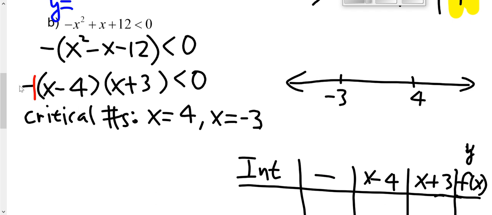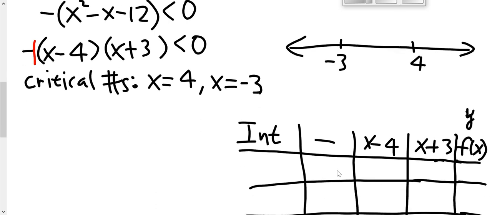Even though it's a 1 and it's just a negative, as you all know, it can flip the sign. It can change everything. So you need to take this negative into account. And if this still doesn't make sense to you, once we work on the signs here, it will be more obvious.